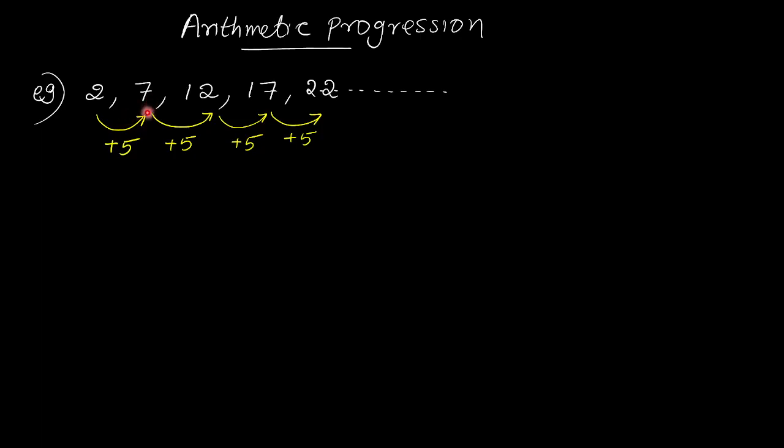So here the property is, if you add a fixed number, here 5 is the fixed number, with any term, you will get the next term. That is the property. Or in simple language, the difference of two adjacent terms is fixed. The second term minus first term is 5.